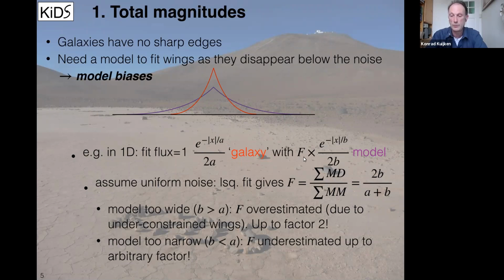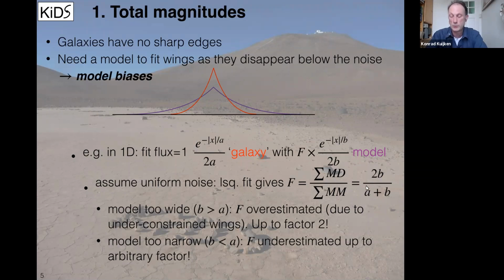We try to fit the amplitude of this model in a least squares sense, or whatever you like, that gives you the best fit. And from that you read off F, and that's your estimate for the flux. Now, if we assume that the noise is uniform everywhere, background limited, that's perfectly reasonable. You can just figure out what the least squares fit would give, and it gives you this expression here, 2b over a plus b.